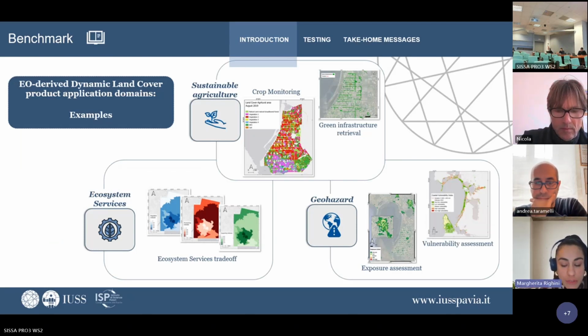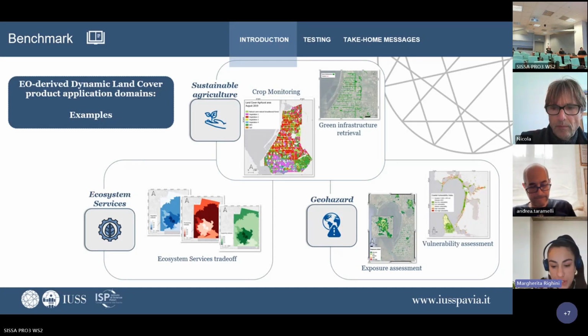Next. As already said by Professor Taramelli, the Earth observation derived dynamic land cover products also support applications in a variety of domains, having different operational requirements from deferred to near real-time products.